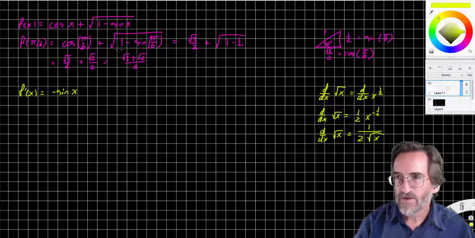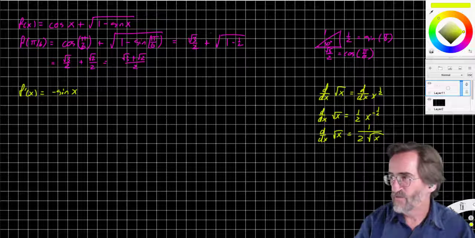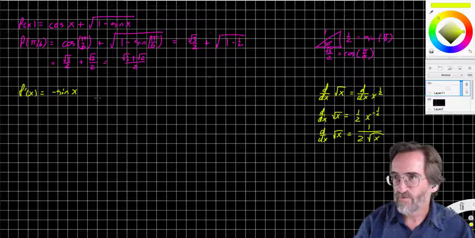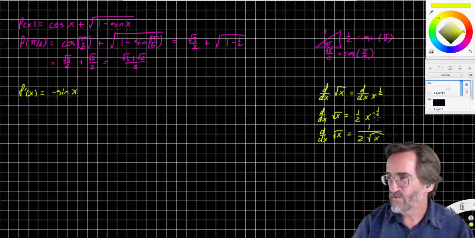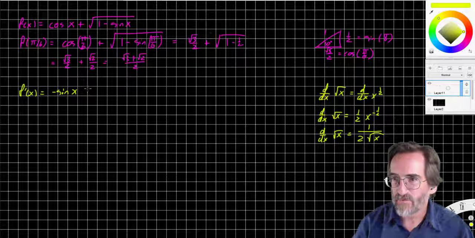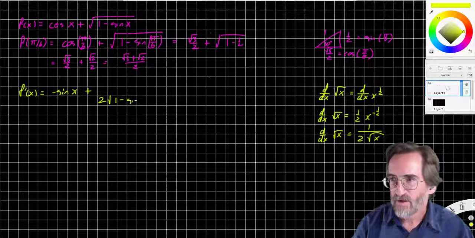So the derivative of the square root is, let's write it out here, positive 1/2. So we get plus 1 over 2 square root of 1 minus sine pi over 6.